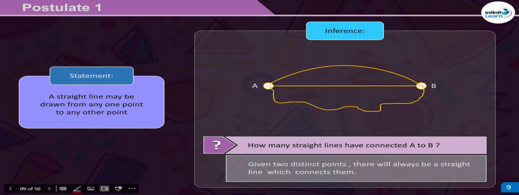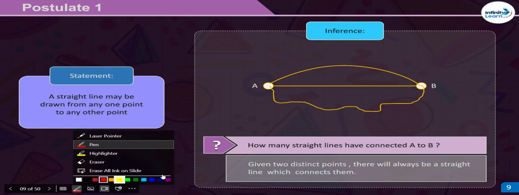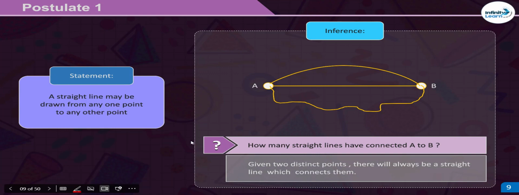So whenever two distinct points are given, there is only one straight line. Write down this in your copy. Clear?